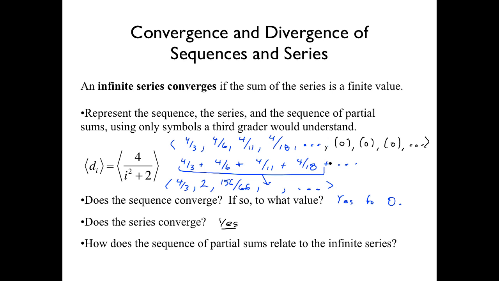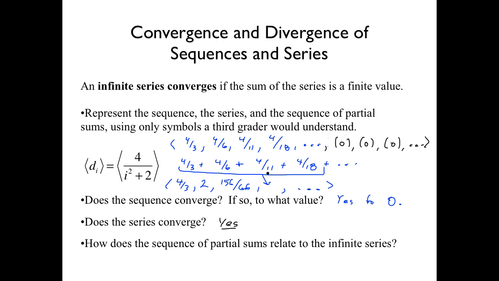Well, eventually it'll just be adding numbers increasingly approaching 0. So the sequence of partial sums will approach one number, and that's it. So the sequence of partial sums will approach a number, and how does that number relate to this whole series? Yeah, it would be that number.